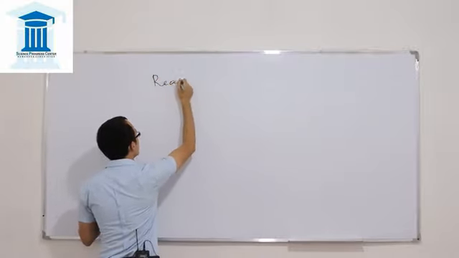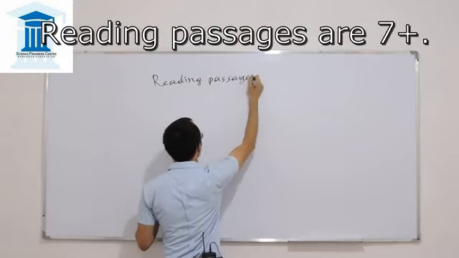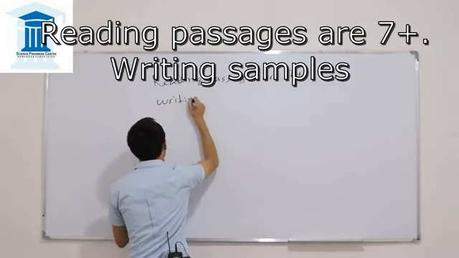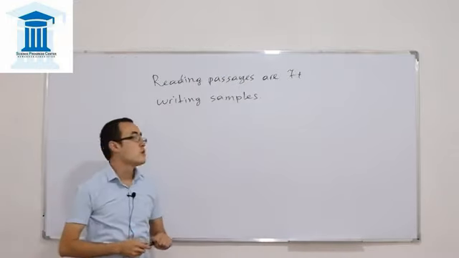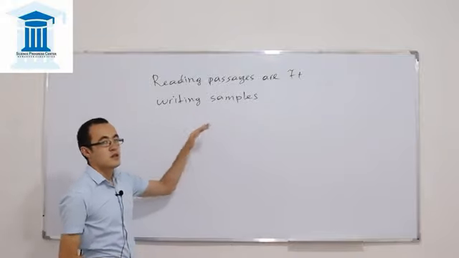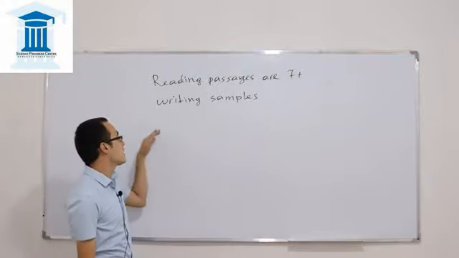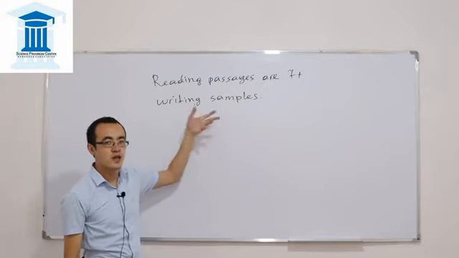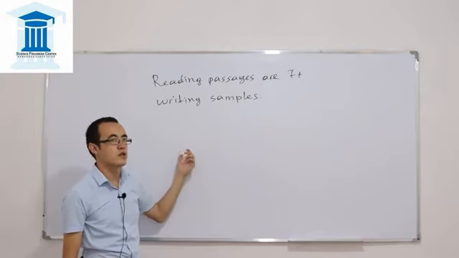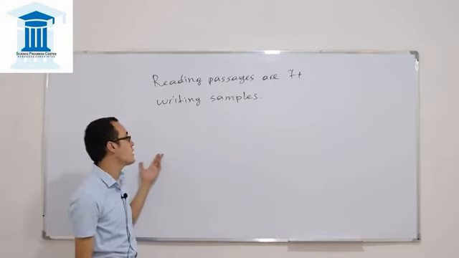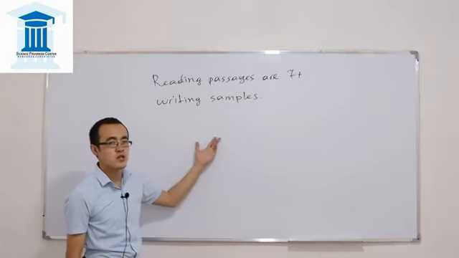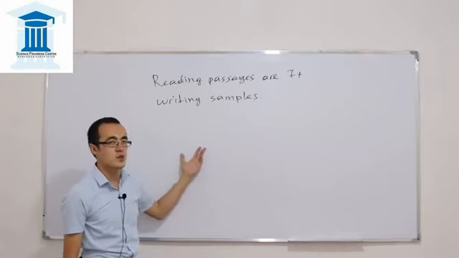Reading passages in the IELTS are 7+ writing samples, so they can be considered like that because they don't contain any grammar mistakes, collocational mistakes, or other mistakes as well.